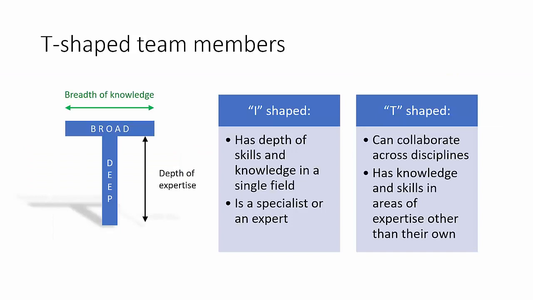The T-shaped aspect means that in addition to having depth of expertise in one area, the team member also has a broad set of expertise, meaning they are able to back each other up. I might be an expert in one field, but I have a working knowledge of some of the other fields that I'm collaborating with. Therefore, I am able to back up some of my team members.